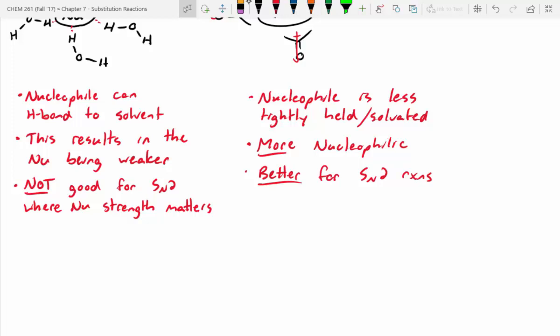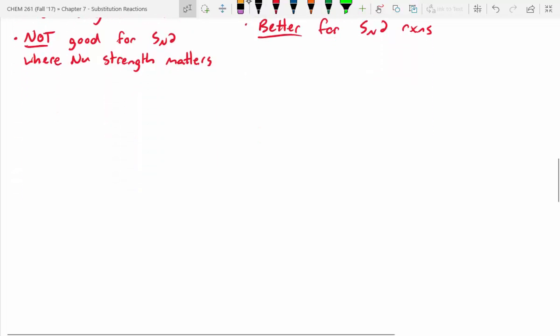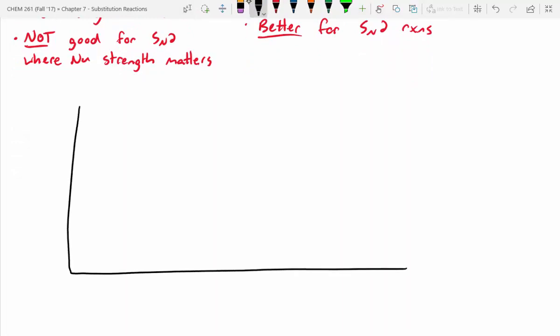Okay, so another way of thinking about this is let's make two different reaction pathways. Again, we've got energy down here. We've got reaction over here. Our polar protic pathway I'm going to do in black.